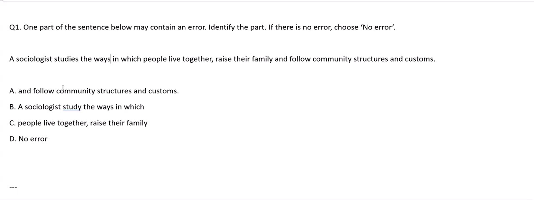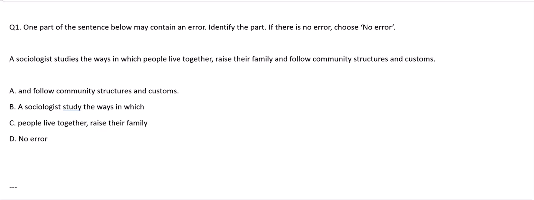Whenever a sentence is given, we have to look for subject verb agreement. For example, in this sentence, what is the subject? Sociologist. The sociologist is singular, hence it is a singular subject. If sociologists is given, it is plural. Similarly, what is the verb here?